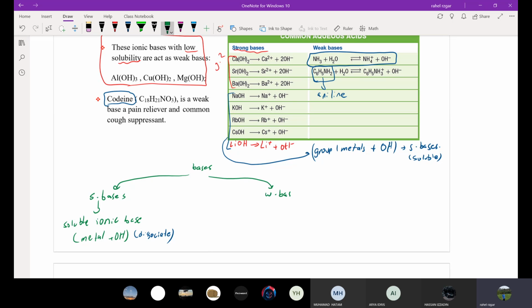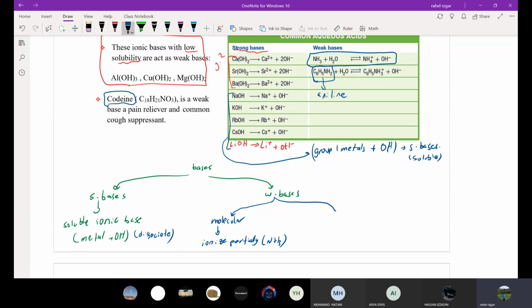But weak bases are molecular, and they ionize partially, such as NH3, which is the most important one and the most common one.